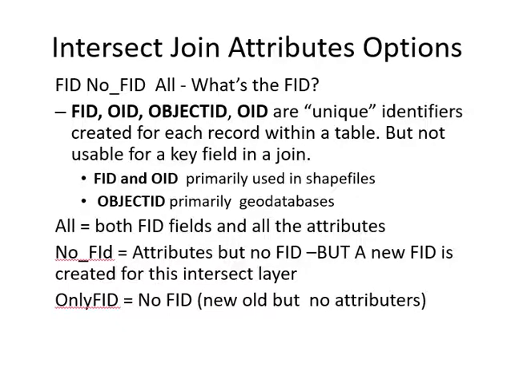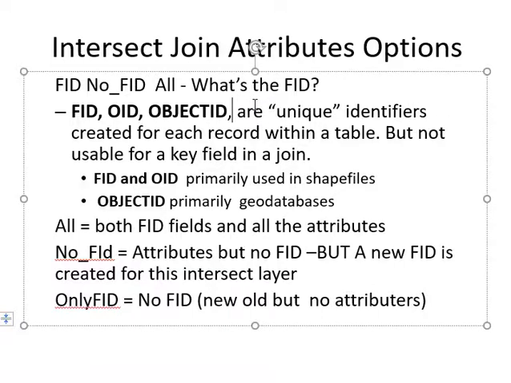A bit of a review: in ArcMap, an FID or an OID or an object ID are considered unique identifiers for that particular attribute table, and they're created every time you create a record within a table.